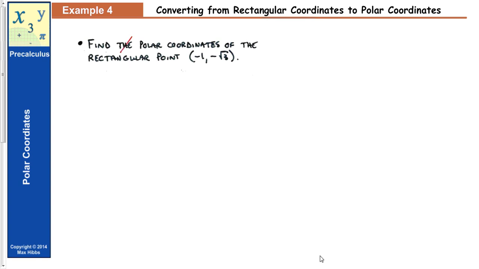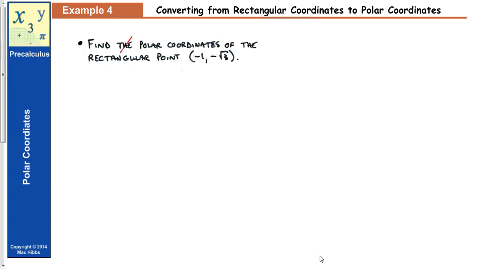You'll notice I've marked out: find the polar coordinates of the rectangular point (-1, -√3). I've marked that out because there are multiple ways we can describe a polar point. My preference is to have a positive r and a positive theta that lies between 0 and 2pi.